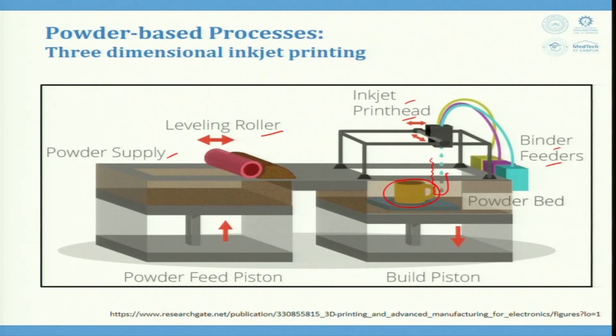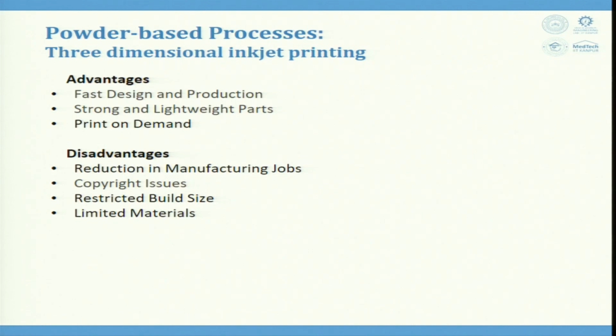To talk about the pros and cons, fast design and production is one of the advantages of 3-dimensional inkjet printing. Strong and lightweight parts could also be produced from it. Then print on demand, that whenever and whatever is required could be printed, and it is also environment friendly.